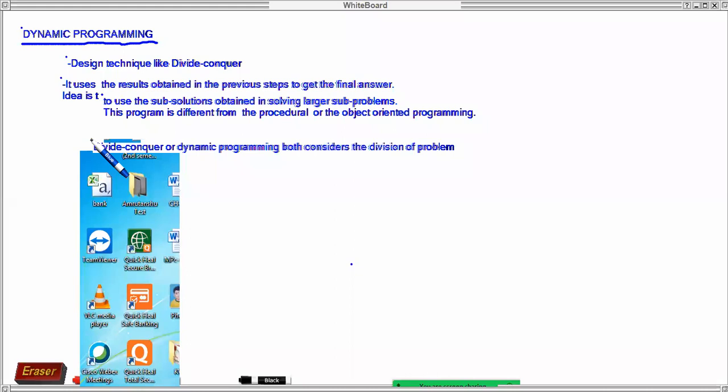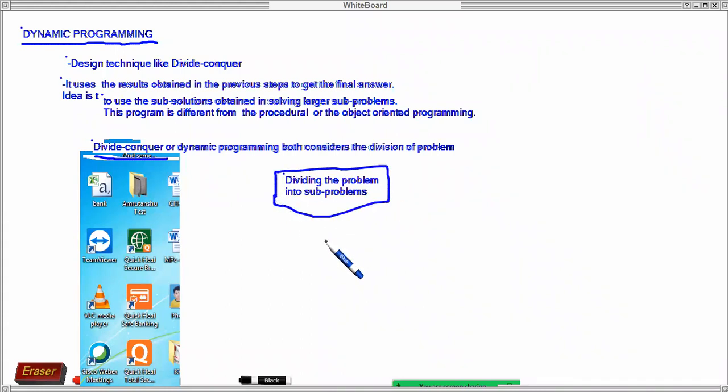In the former, the subproblems are independent, but in this case, what happens? In divide and conquer, there is independence, but in the latter, it is not independent. So dividing the problem into subproblems can be done in two different ways.